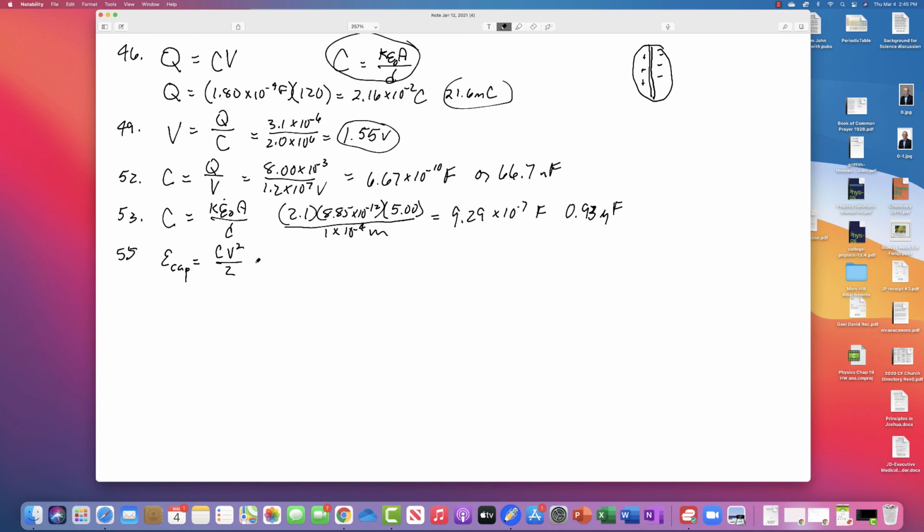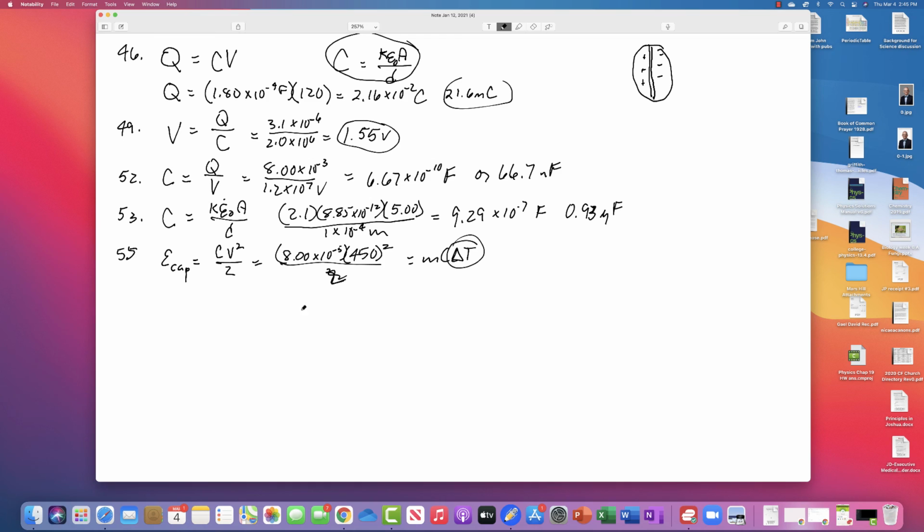And what they want to know is the change in temperature. So if we take this, the capacitance is 80 micro, so that's 8.00 times 10 to the minus 5 times the voltage squared divided by 2. Okay, so that's the energy discharged into the flesh. And they want to know what the change in temperature is. Well, that's got to be equal to mc delta T, and this is what we want right here.